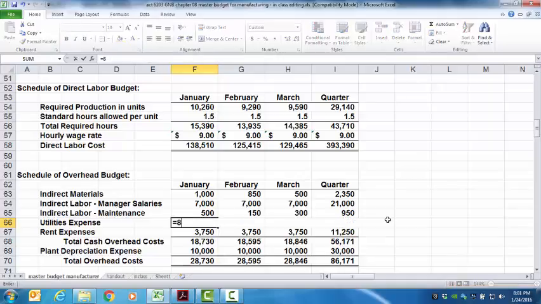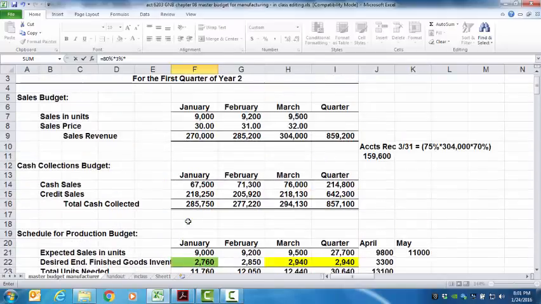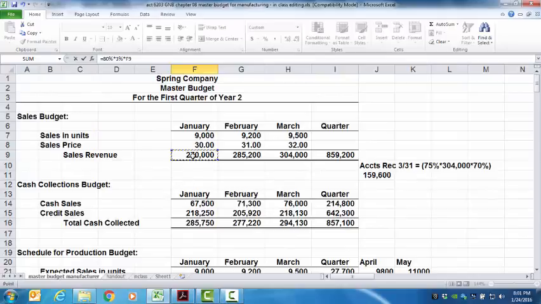So let's just go ahead and put that 80% in there before we forget about it. And then I'm going to take 3% of whatever my sales are. And so that means I'm going to go all the way back to the very first budget, the sales budget, and say, I want 3% of January's sales right there, $270,000.